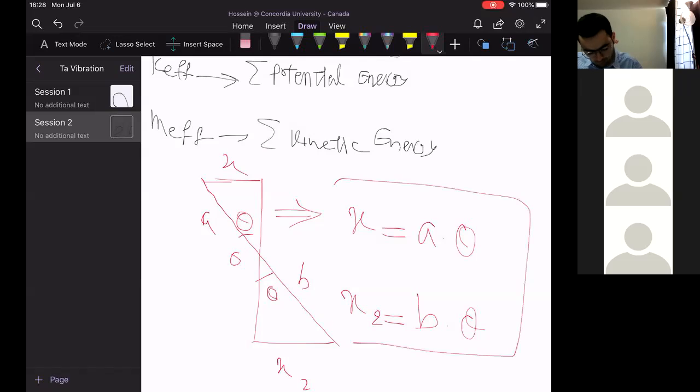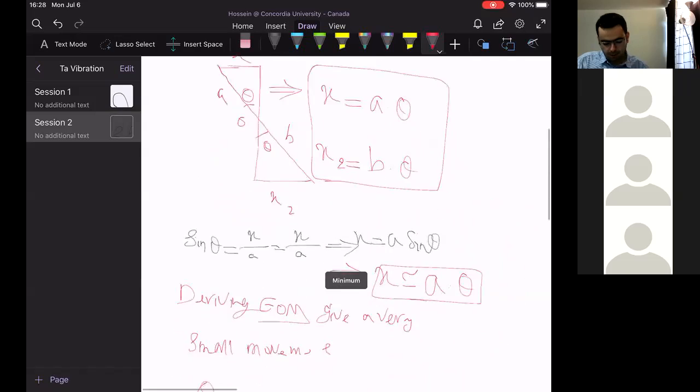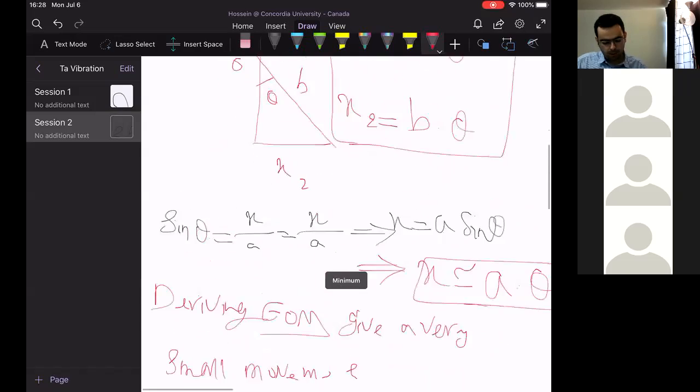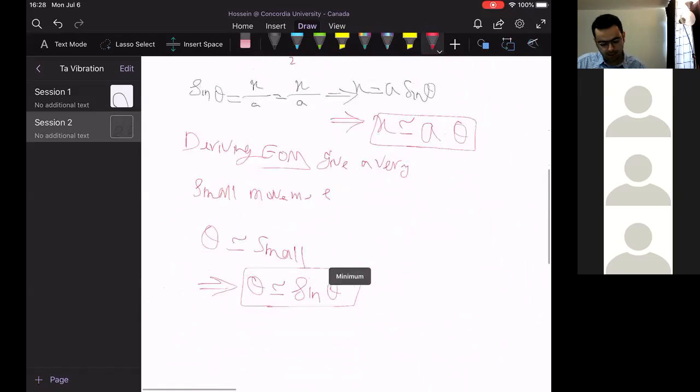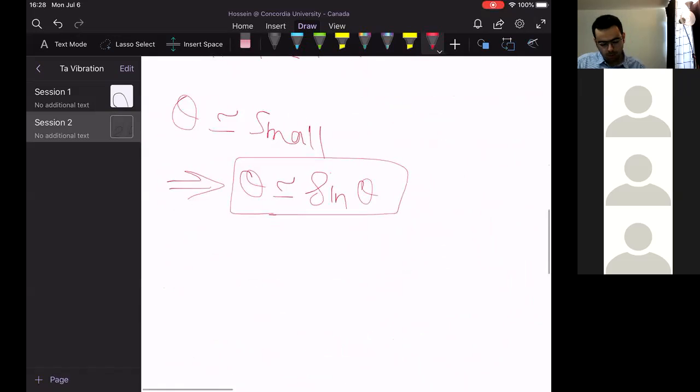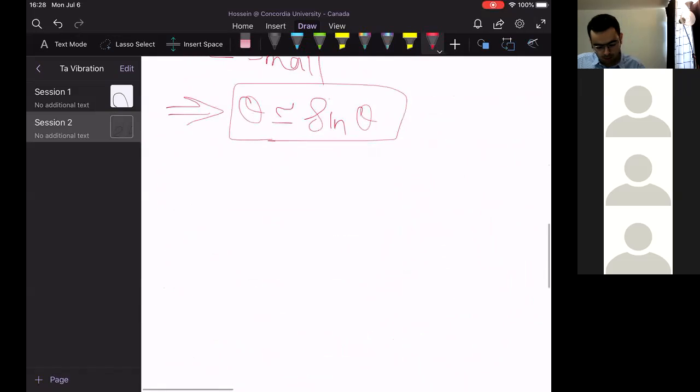So by using this trigonometric and mathematical relation, we could easily relate any rotational movement into a translational movement. So try to take a look at the figure. I'm going to write at first all the kinetic energy. Suppose we are asked to find effective mass as well, right? Effective mass.